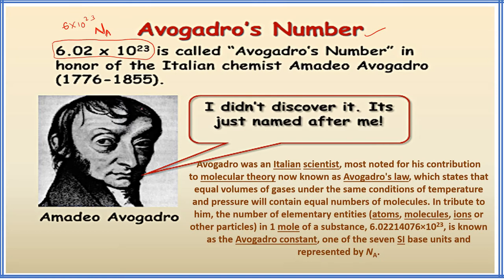This name is given in honor of Amedeo Avogadro. He did many experiments in which he stated that equal volumes of gases under the same conditions and the same pressure will have an equal number of molecules.